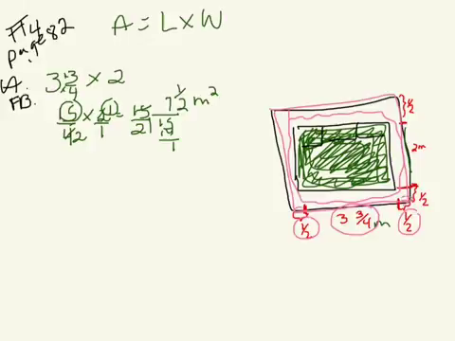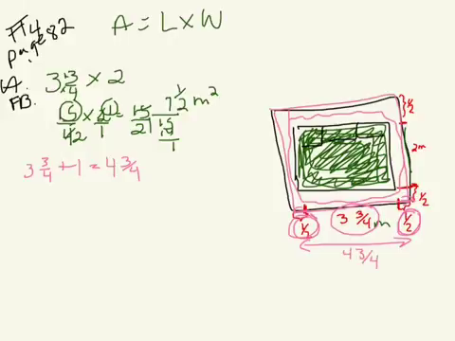So you're going to have 3 3/4 meters plus the 1/2 meter plus 1/2 meter, which equals 1 whole meter. So that means this now is going to be a total of 4 3/4. Okay, and that includes the border.